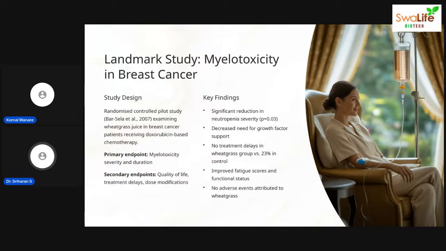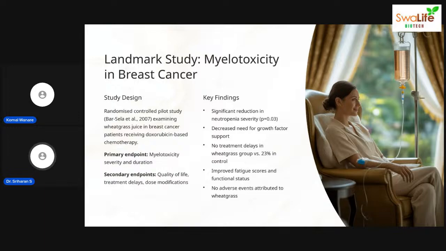And the secondary endpoint is the quality of life: how the patient's quality of life improves, the treatment delay, and the dose modification. We are going to see the secondary endpoint. Our key findings are that after consuming a nutraceutical product like wheatgrass, there was a reduction in neutropenia severity.